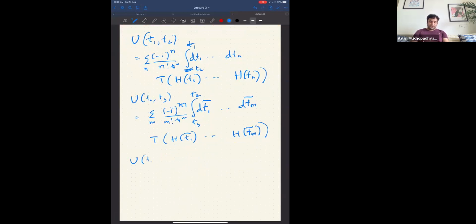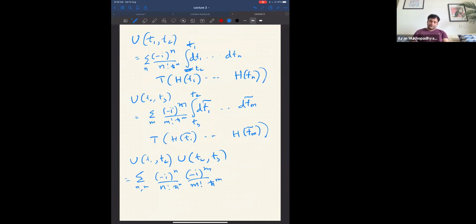So U of T1, T2 times U of T2, T3 would be the sum over n and m, with minus i to the power n over factorial n, minus i to the power m over factorial m, and h bar to the power m, h bar to the power n.